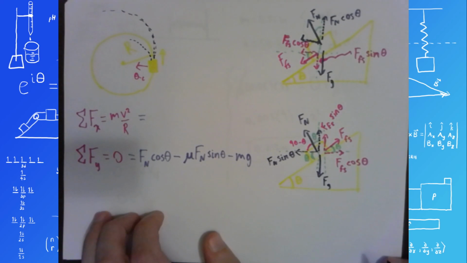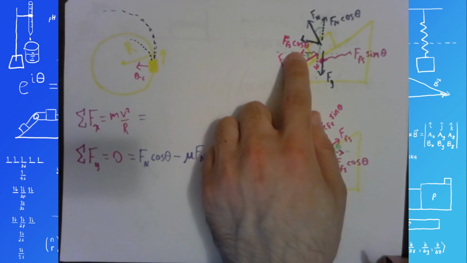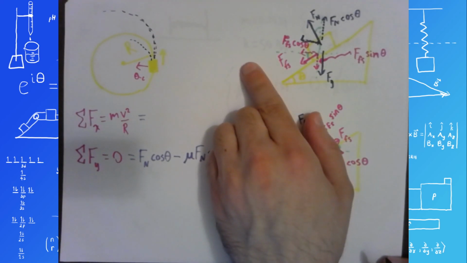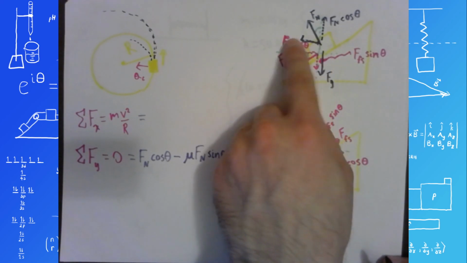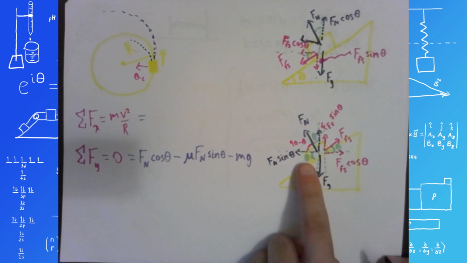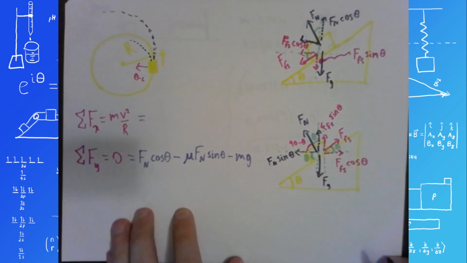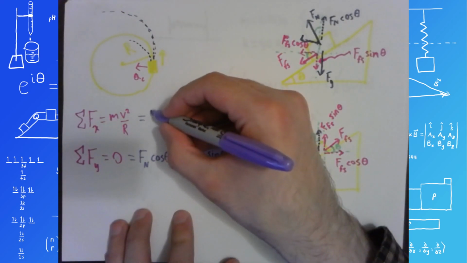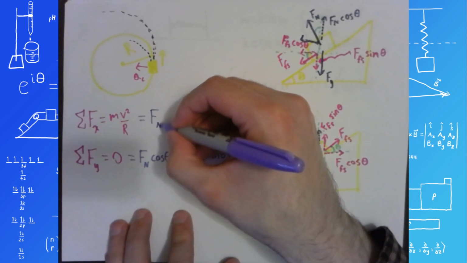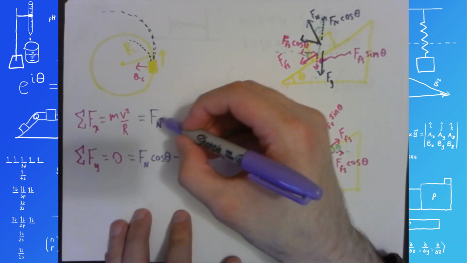Net force in the x direction for our first diagram. We have force of static friction cosine theta to the left, and we also have the horizontal component of the normal force, which was normal force times sine theta. So I've got normal force times sine theta, taking left to be positive here.